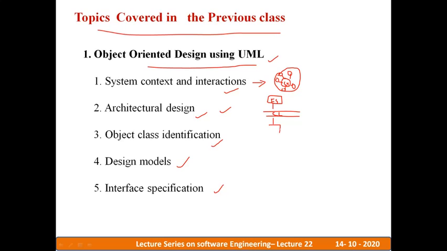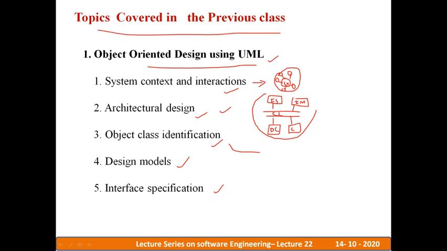Then you may be having a data collection system, a communication system, and an instrument subsystem. You may also have a configuration management system. All these will be forming the subsystems, which represent the architectural design of the system.